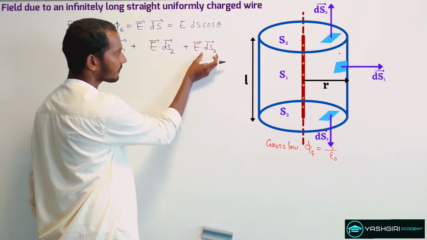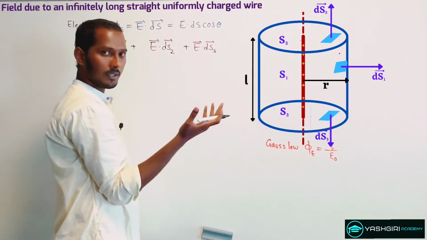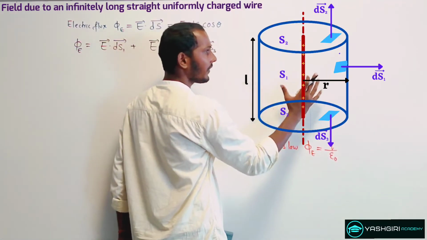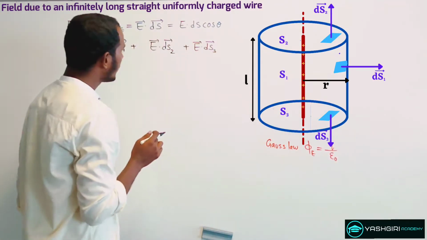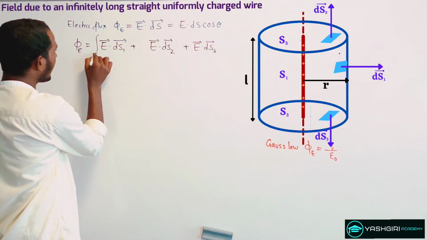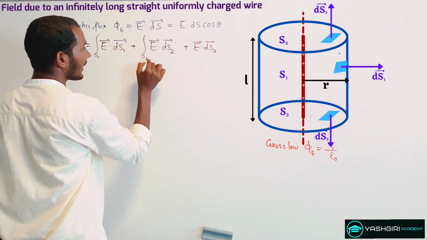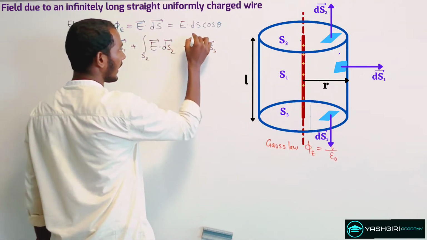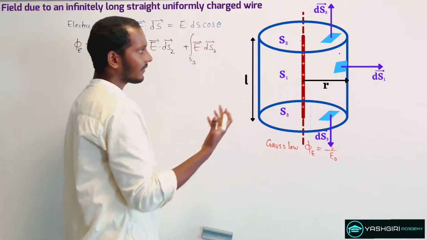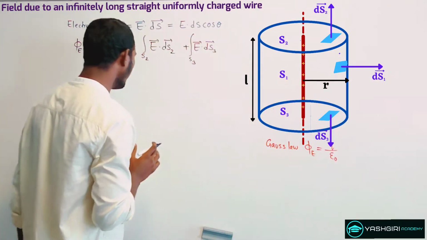Now this formula is for a small planar area element, but we are interested in getting the electric flux through the entire surface of the cylinder. So I need to put an integral sign: the area integral over S1, the area integral over the surface S2, and the integral over S3. That will give me the net flux passing through the entire surface of the cylinder.